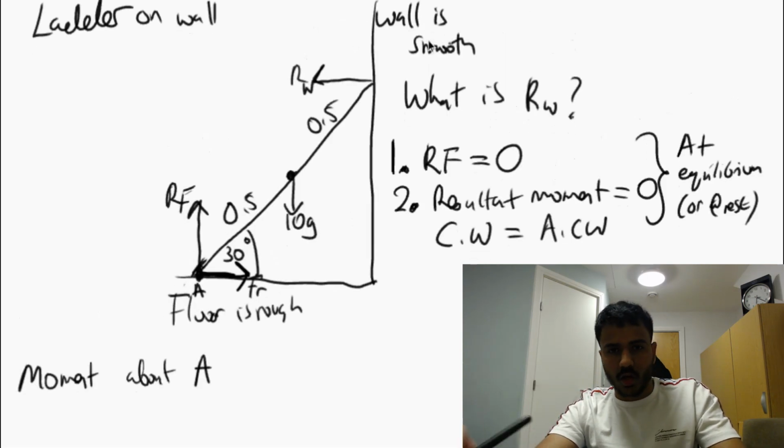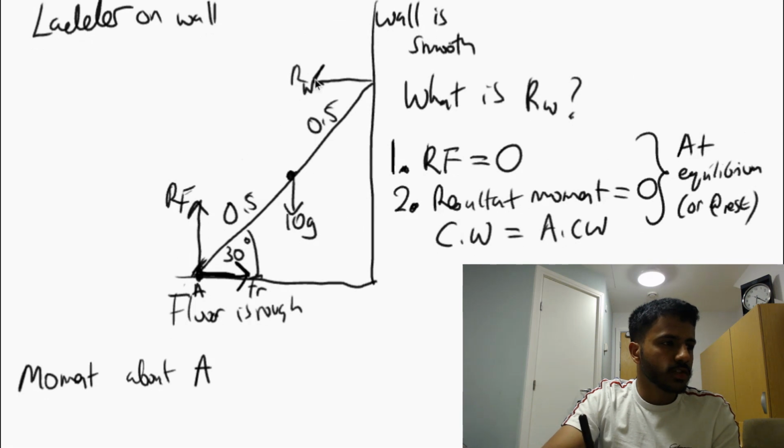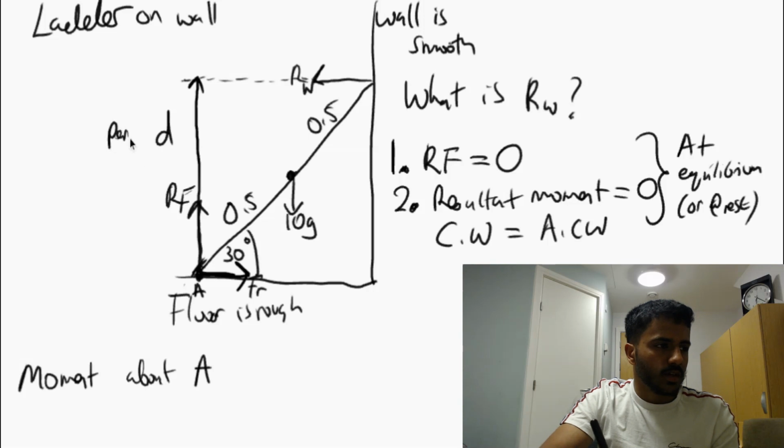So there's two ways you can go about this. The first way is by extending this force out, and then you can just draw this line straight up and calculate this as your perpendicular distance.